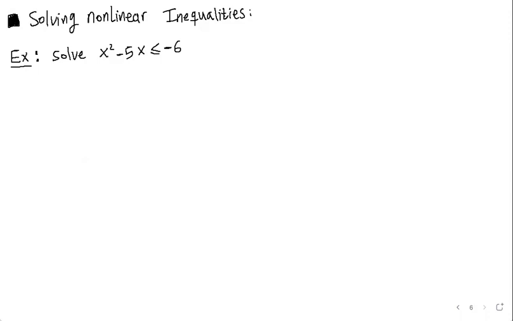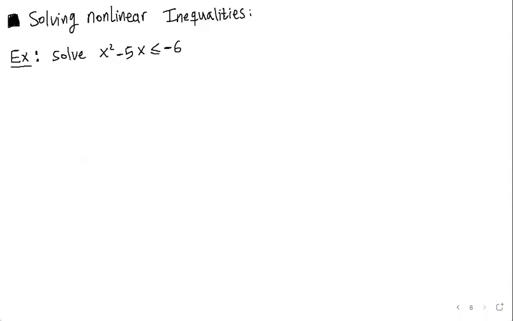It's not linear because I think the x squared makes it a parabola. Yes, if we look at the variable x squared, if the exponent is 2 or 3 or 4 or 5, that makes the inequality nonlinear. For linear, the exponent of the variable should be only 1.